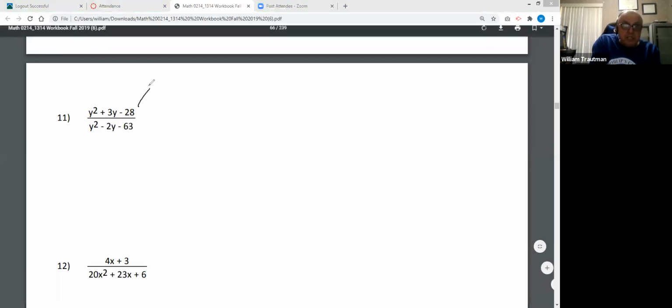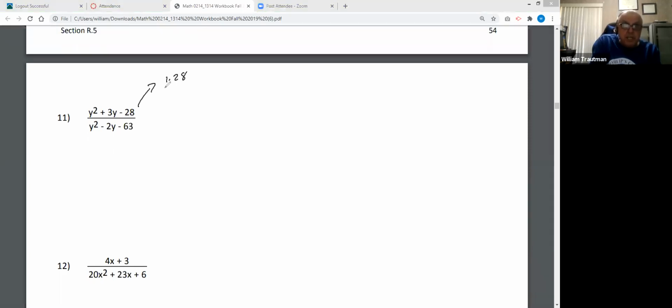So 28 is 1 times 28, 2 times 14, and 4 times 7. Those are all 28. The only way to get a positive 3 is a plus 7 and a minus 4. So my top factors to y minus 4 and y plus 7. The bottom, 63, is 1 times 63, 3 times 21.